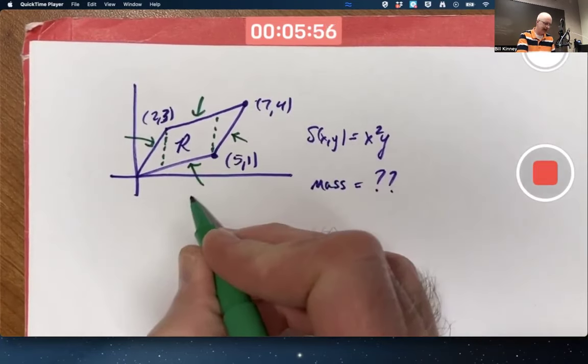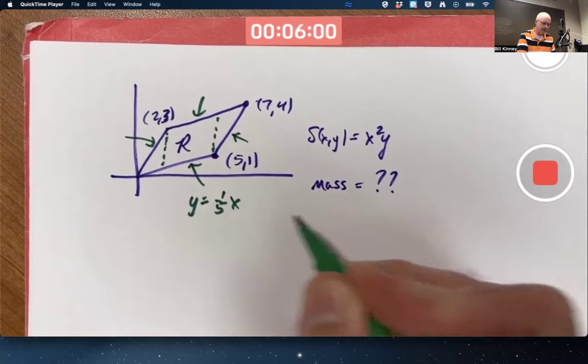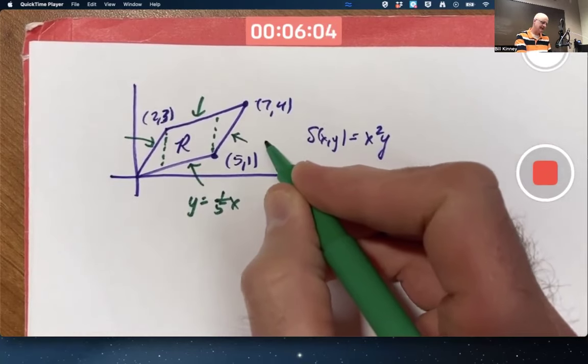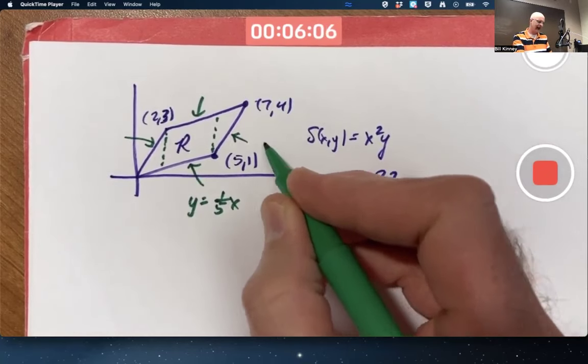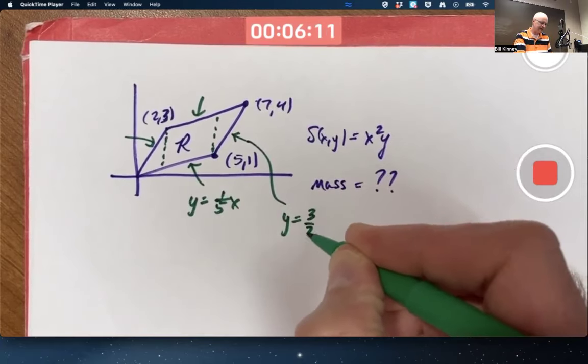The bottom line has got a slope of 1/5 and a y-intercept of 0. This line has got a slope of what? 3/2.